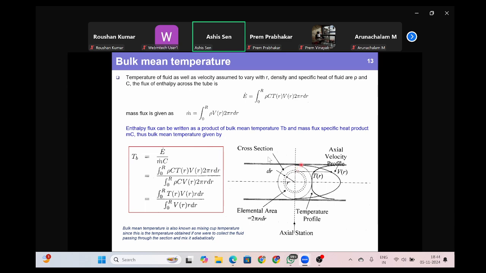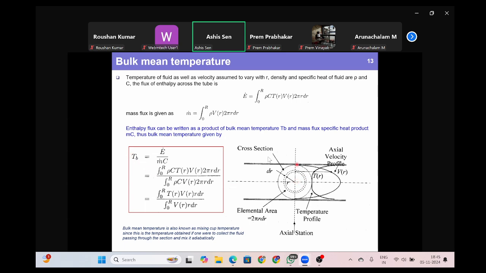Let's say at any instant, you collect all the fluid that is present at a particular section of the tube and put it in a cup and mix it thoroughly. What is the equilibrium temperature of that amount of fluid? That is known as bulk mean temperature.